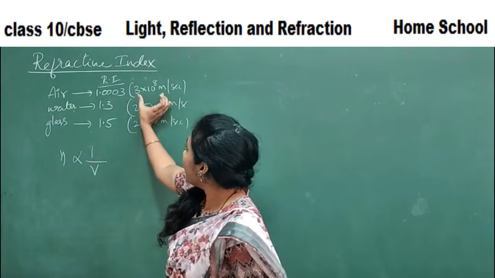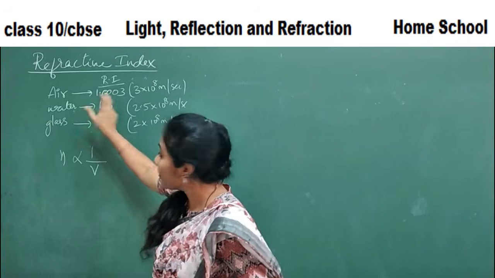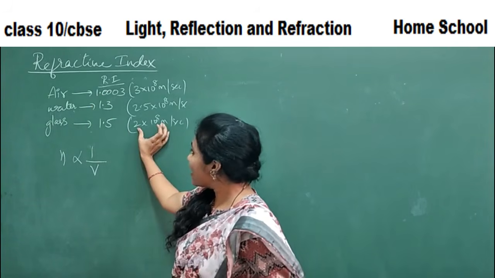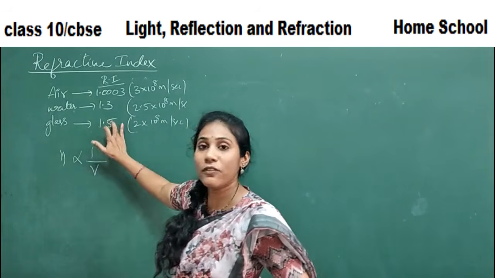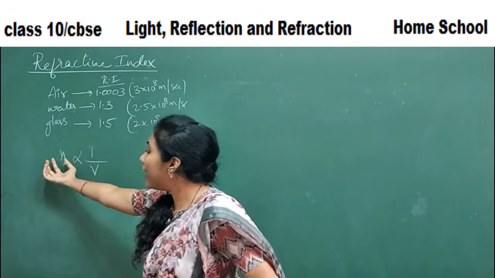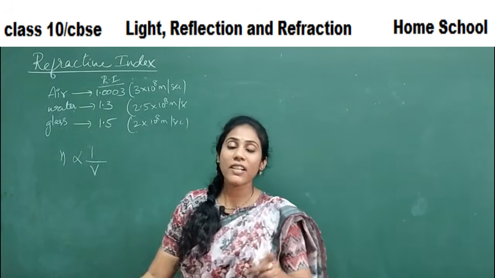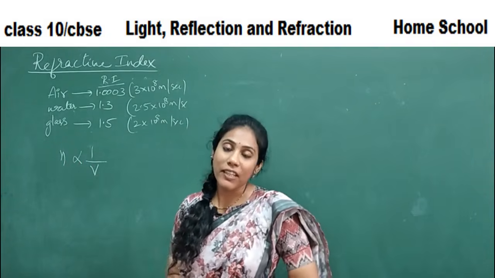Speed of light is maximum in air, and refractive index is just 1. Speed of light in glass is just 2 into 10 to the power of 8, very less, and the refractive index value is 1.5, the highest. These values clearly prove that refractive index is inversely proportional to v, v in the sense speed of light.